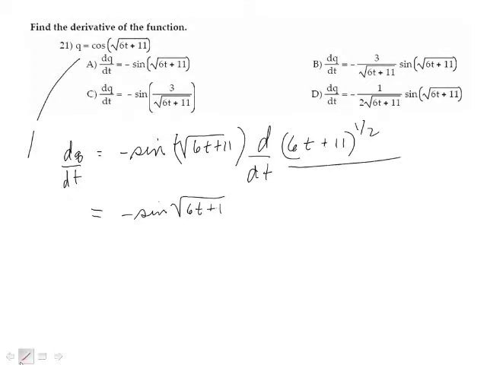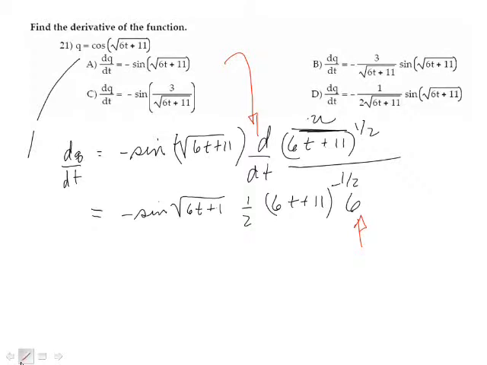The derivative of this is just 1/2 times 6t plus 11 to the minus 1/2. Don't forget the derivative of u, the inner function here, which would be 6. So we had to use the chain rule twice. The first time we used the chain rule was here, and the second time was here.